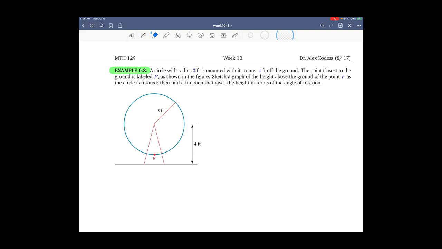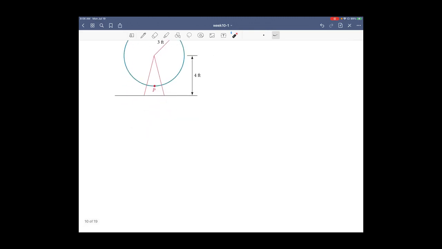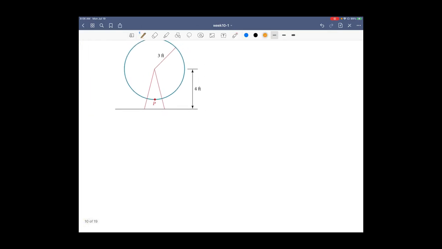Then find a function that gives the height in terms of the angle of rotation. All right, so what can we say about the sketch? Let me draw the coordinate axis.